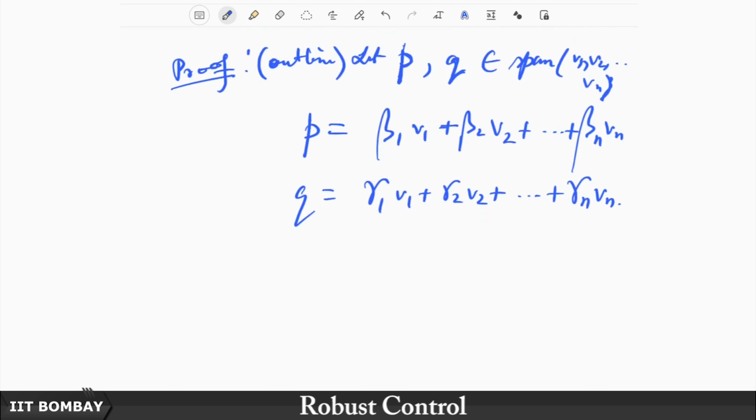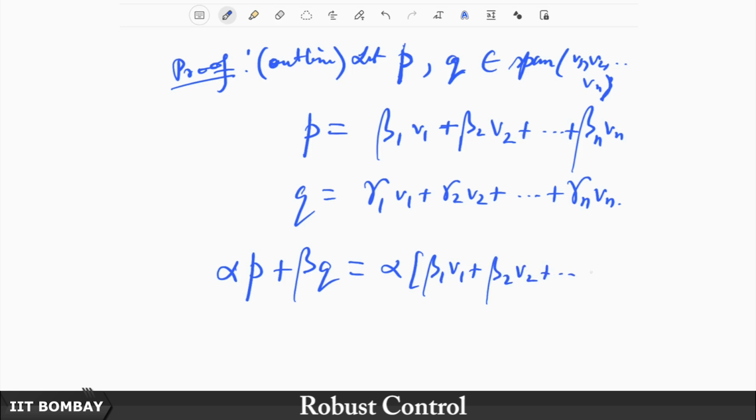Now, if you want to check whether alpha P plus beta Q, what does that look like? It will look like alpha times beta 1 V1 plus beta 2 V2 plus beta n Vn, plus beta times gamma 1 V1 plus gamma 2 V2 plus gamma n Vn.